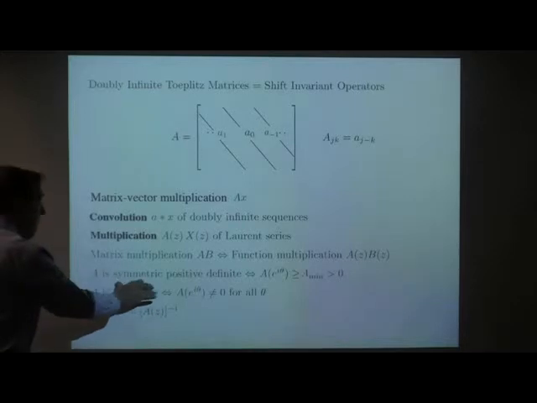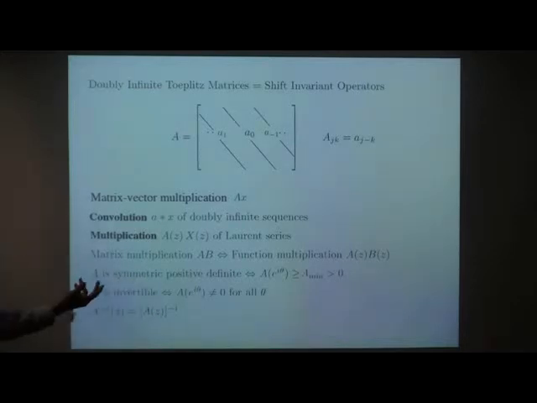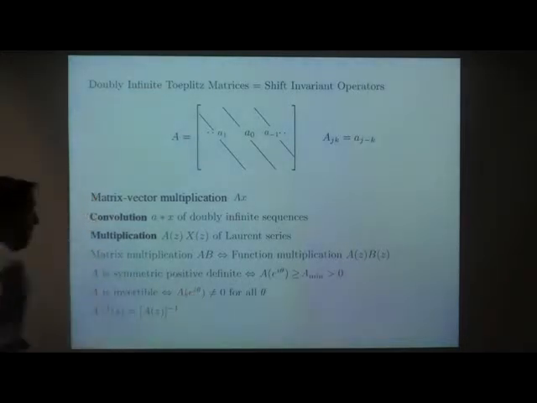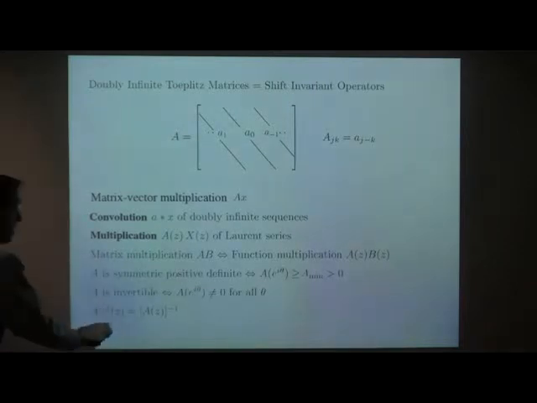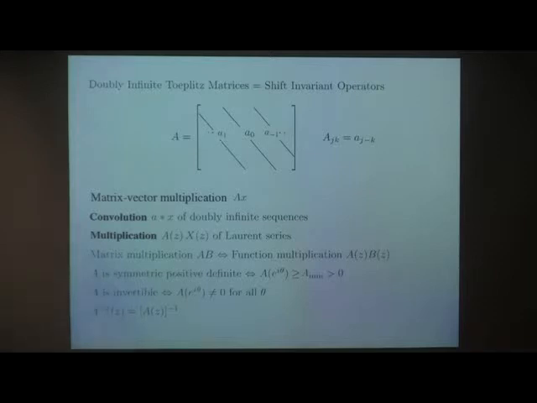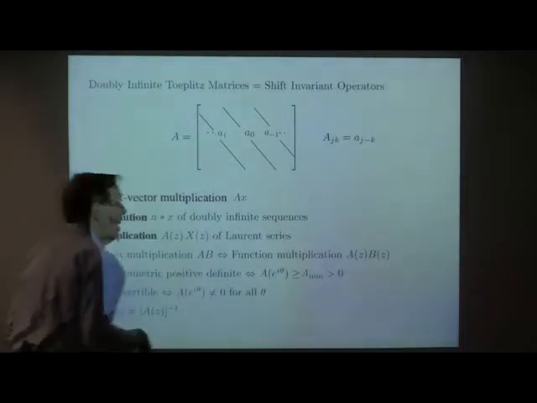Invertibility of the matrix translates into the symbol never zero, and more than that, the symbol for the inverse matrix is just the reciprocal of A of z. Okay, basic things that provide the tool to look in function theory.